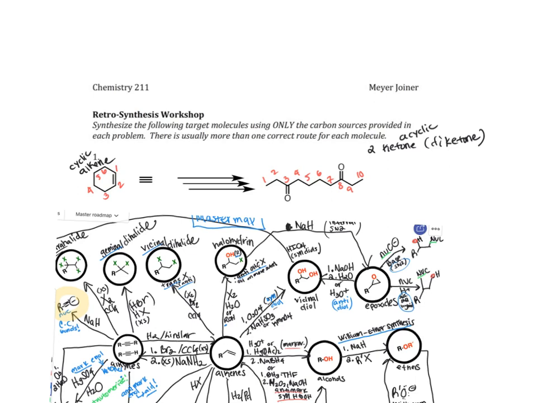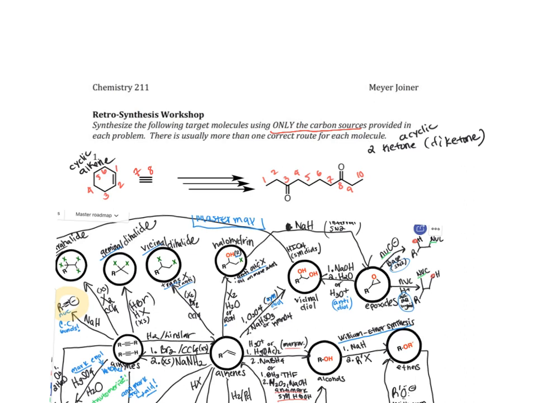Now notice that we're only allowed to use the carbon sources provided, so acetylene is also provided there. So we clearly are going to use the carbon-carbon bond forming reaction of either acetylene or converting that to a Grignard reagent.